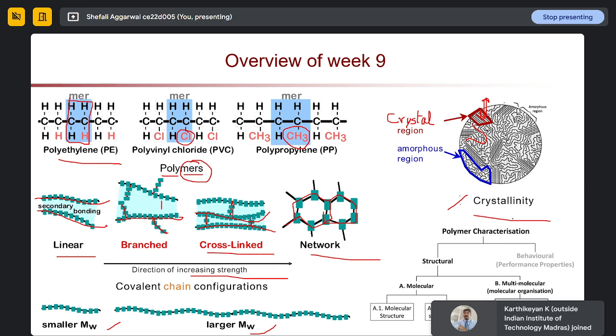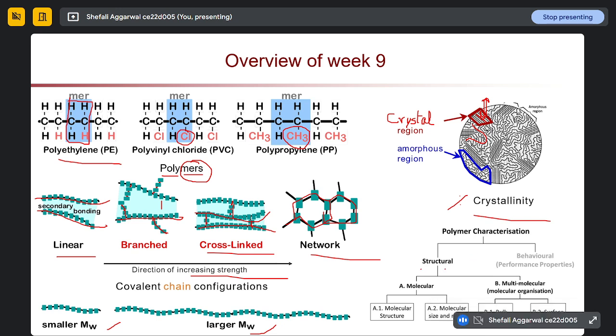Other important characteristics of polymer, we are dividing into two parts: structure and behavior. In structure, if we talk about molecular structure, as we have seen, it can be linear, branched, cross-linked, and molecular size and mass, which will be directly proportional to the length of our chain.